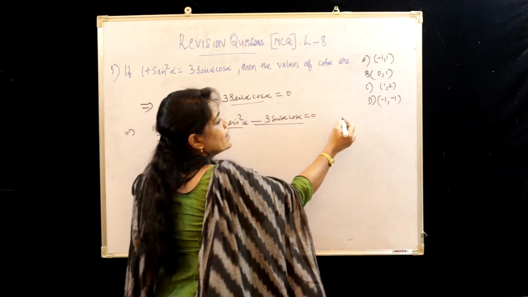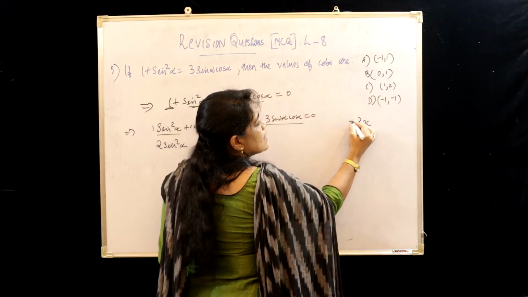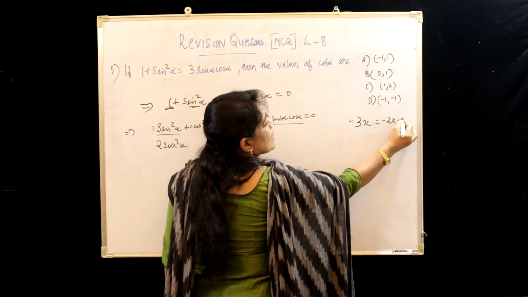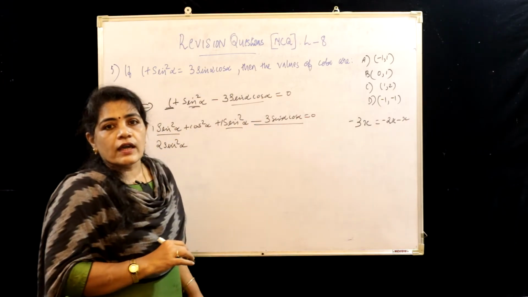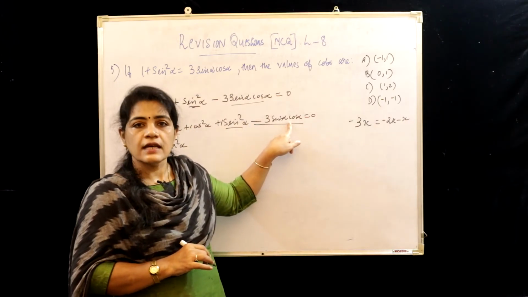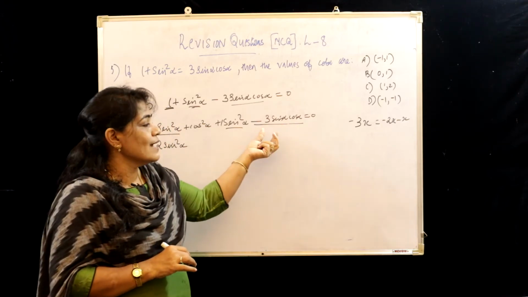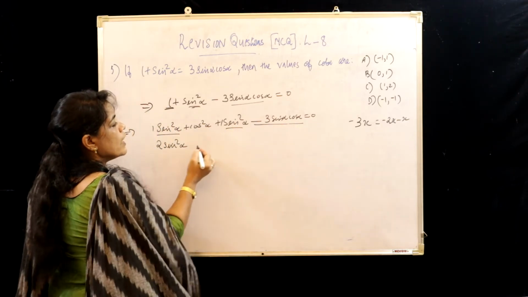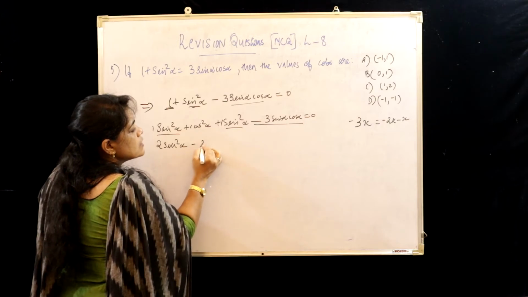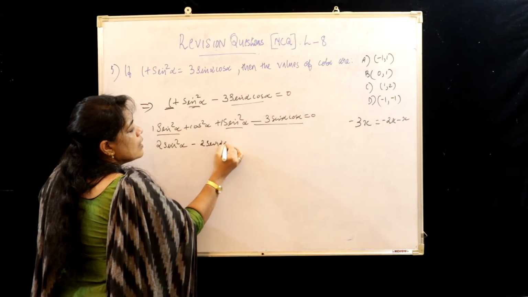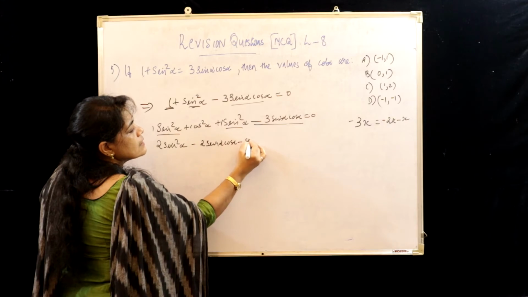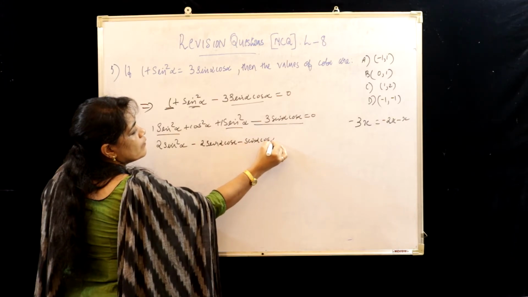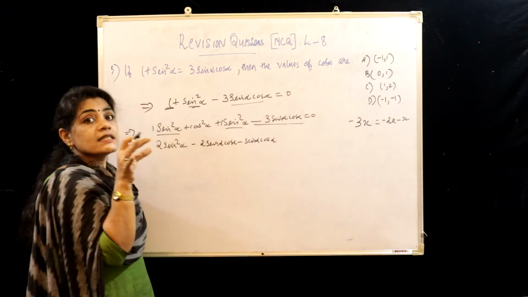Just like this, 3x is equal to minus 2x minus x, where x is sin alpha cos alpha. Okay, that is another change. So I am going to write this as minus 2 sin alpha cos alpha minus sin alpha cos alpha without changing its value.